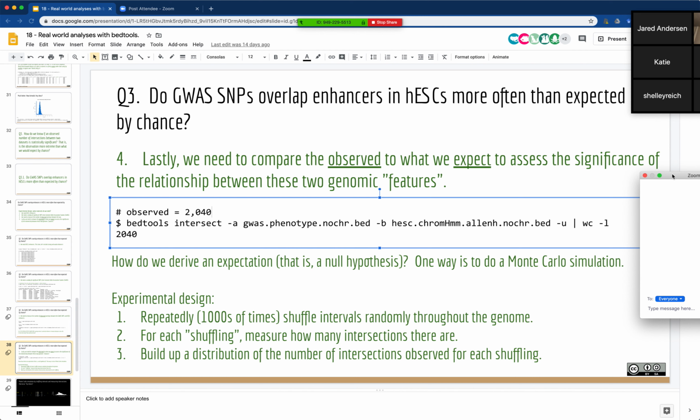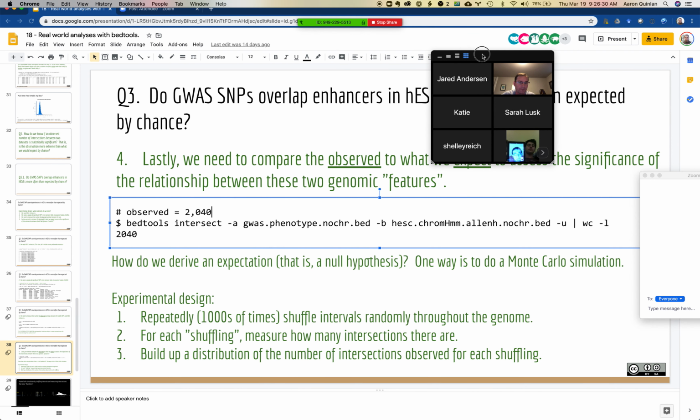Then we can use that distribution to establish the null hypothesis, that is, what we expect by chance. So we have a null distribution, and we can ask, does our observation lie within that distribution? If so, probably not interesting. And if it's way outside of that distribution, perhaps it is interesting. Okay?